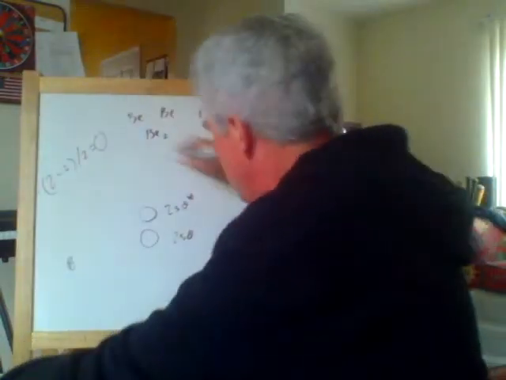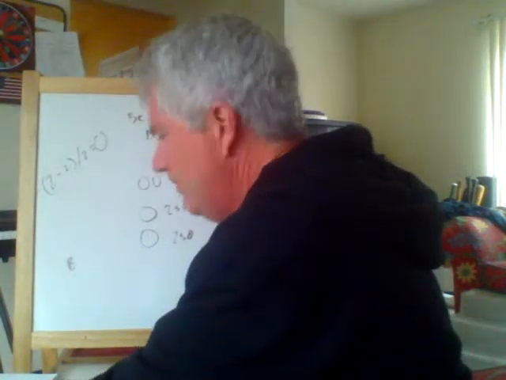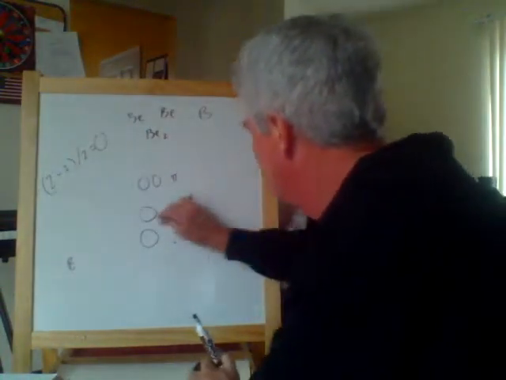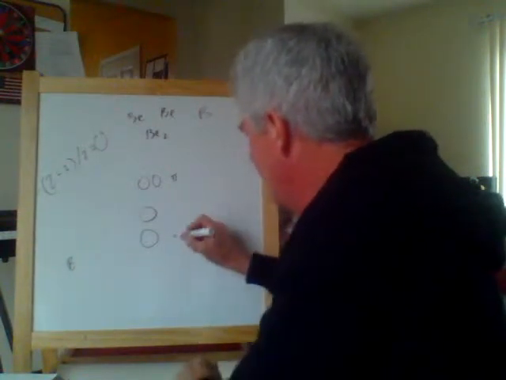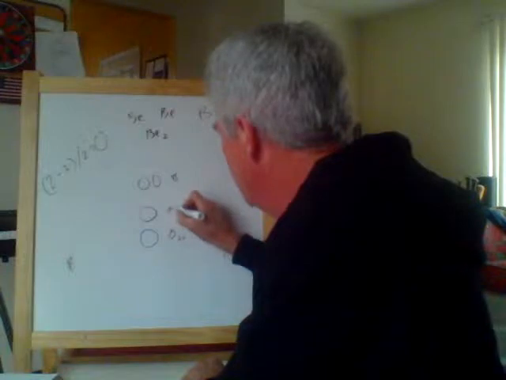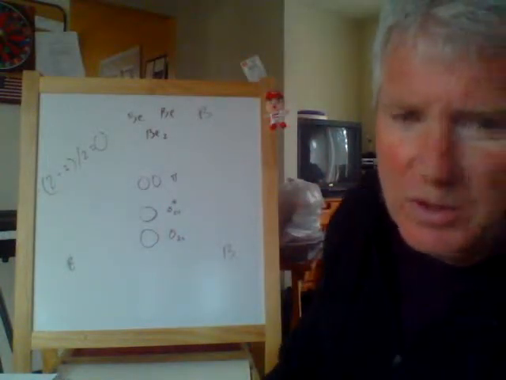I haven't been drawing these right, so I'm going to correct it right now. I should be drawing this as sigma 2s and sigma 2s star. That's actually the notation that the book uses.